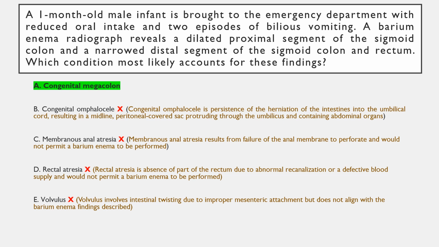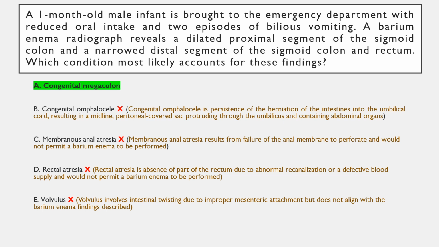C. Membranous anal atresia results from failure of the anal membrane to perforate and would not permit a barium enema to be performed. D. Rectal atresia is absence of part of the rectum due to abnormal recanalization or defective blood supply and would not permit a barium enema to be performed.